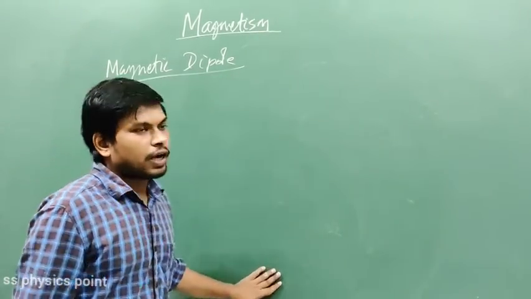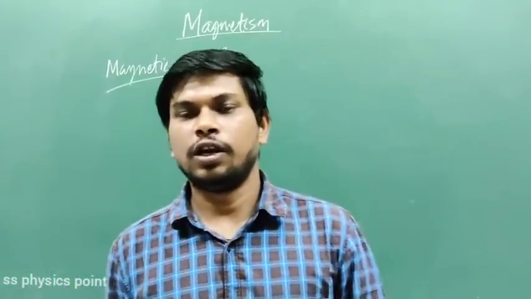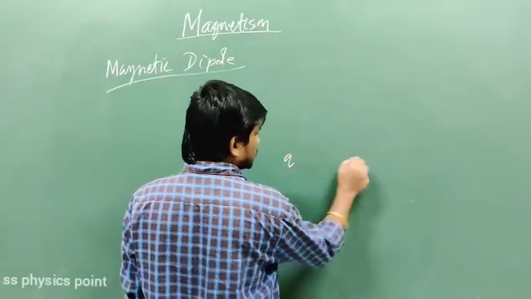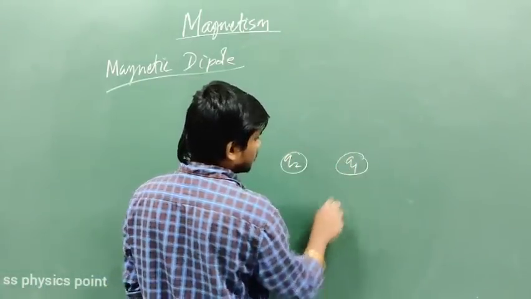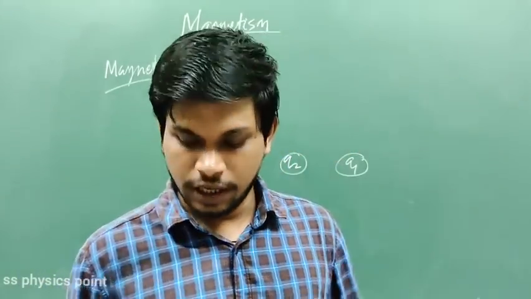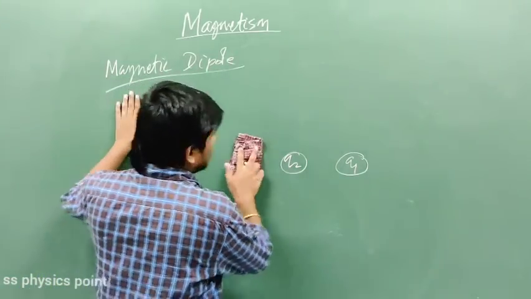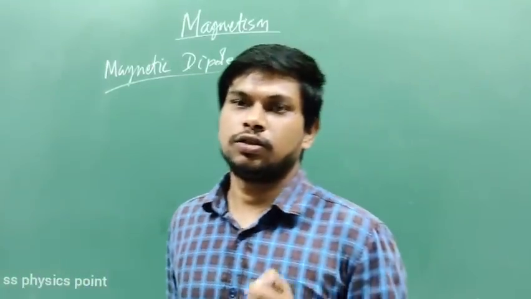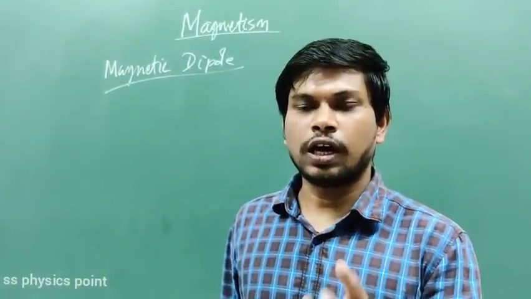मैग्नेटिक डाइपोल हम लोग पहले भी पढ़ चुके हैं. कौन सा? इलेक्ट्रिक डाइपोल. इलेक्ट्रिक डाइपोल क्या था? This is two charges Q1 and Q2 separated by a small distance constitute an electric dipole. Same thing here also you can write that magnetic dipole means two pole strengths, two poles equal and opposite.